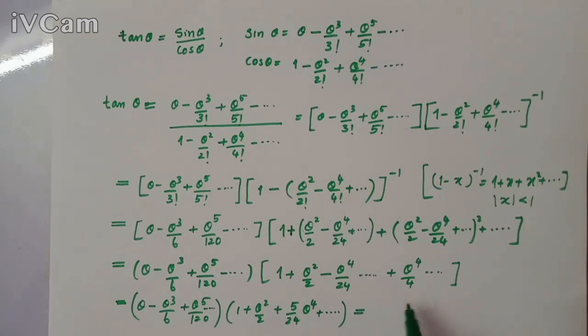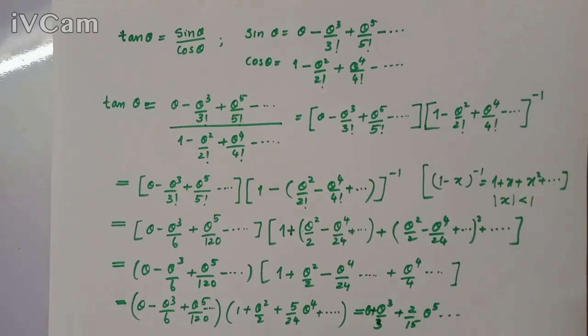Then this will be equal to theta plus theta cube by 3 plus 2 by 15 times theta raised to 5 and so on. The rest of the terms have a degree more than 5.